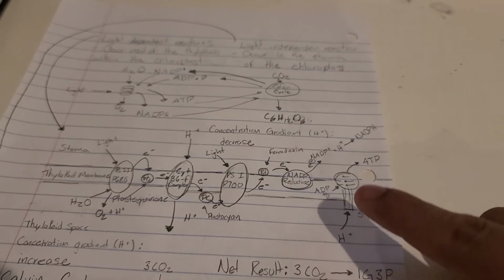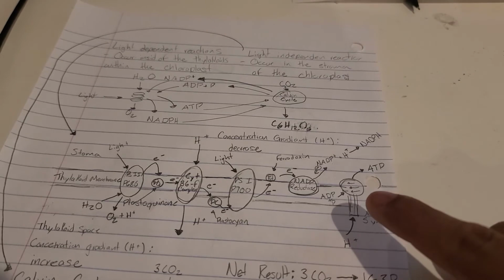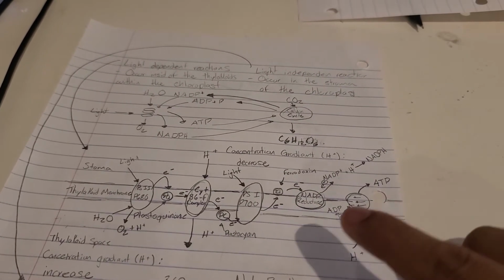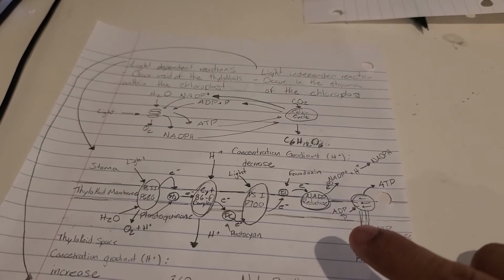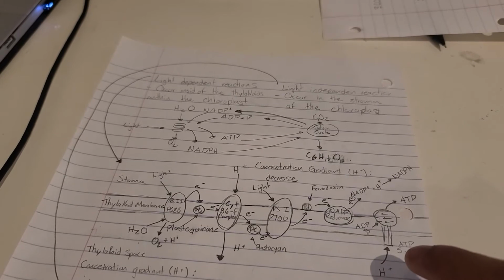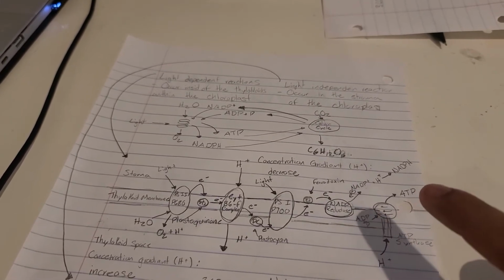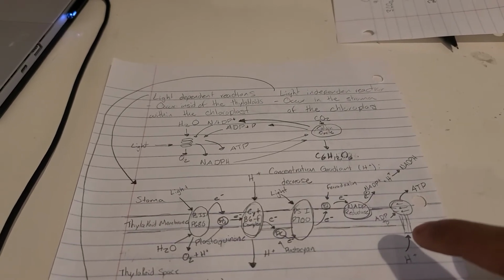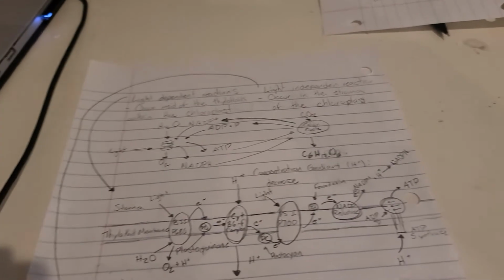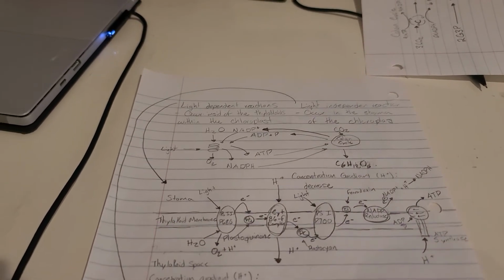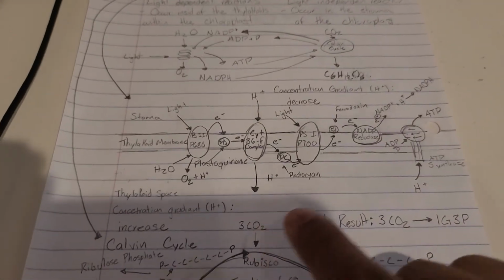Hydrogen ions rush into the ATP synthase, and this makes it rotate and takes ADP plus a free floating phosphate and converts it into ATP. So this whole process creates an NADPH molecule and an ATP molecule, powered by sunlight and the concentration gradient.